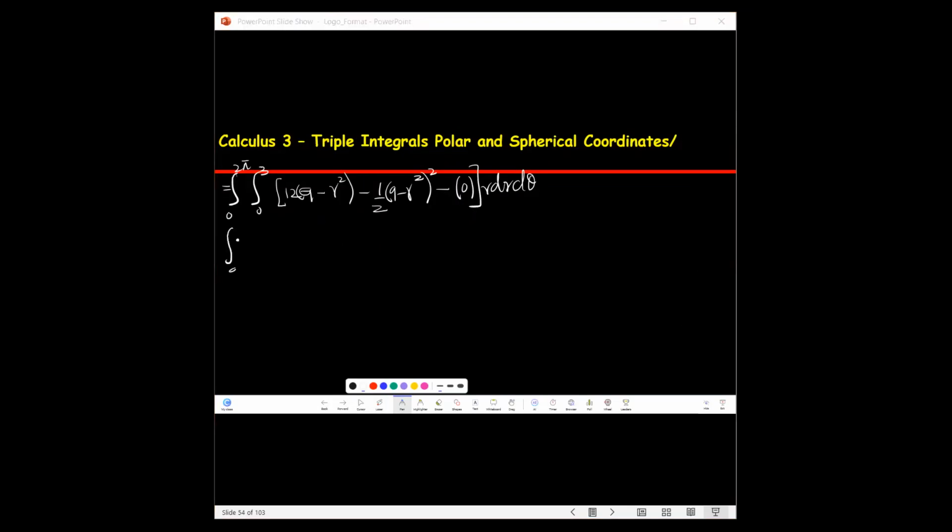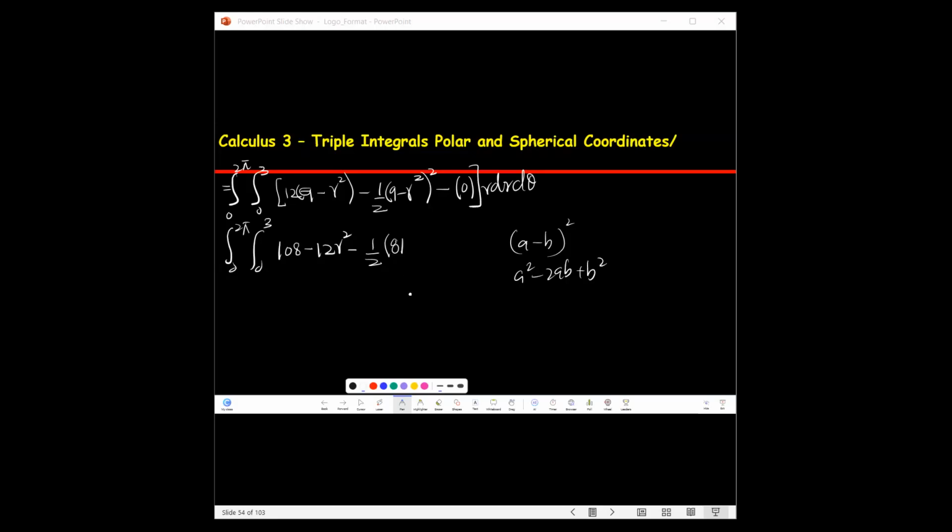Let's simplify this further. I'm going to expand this. 12 times 9 is 108 minus 12 r squared, minus 9 squared divided by 2, but I have to open this one. Okay, 9 minus r squared to the power 2, so I'm going to use (a minus b) squared, which is a squared minus 2ab plus b squared.